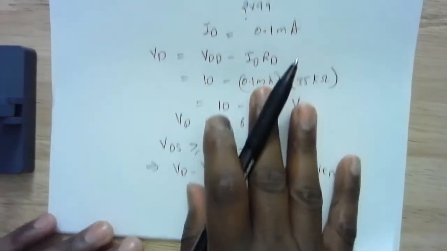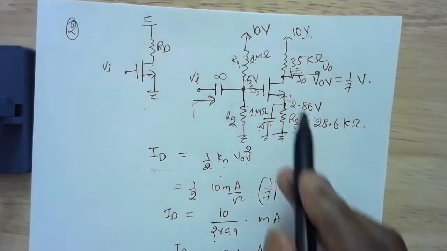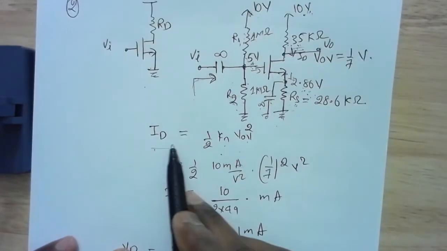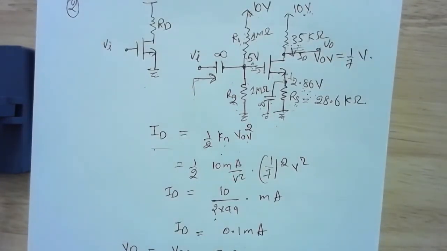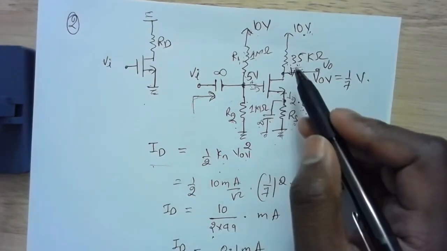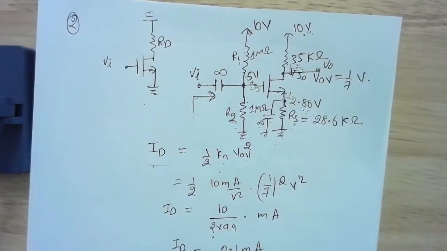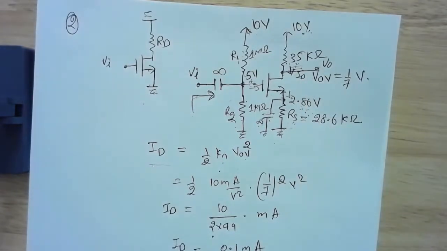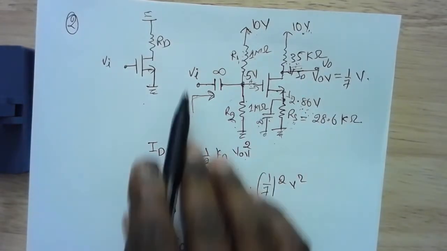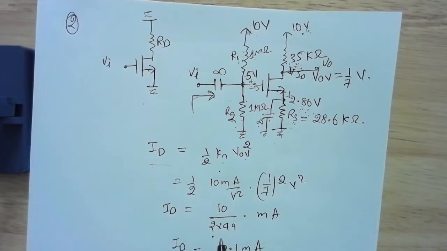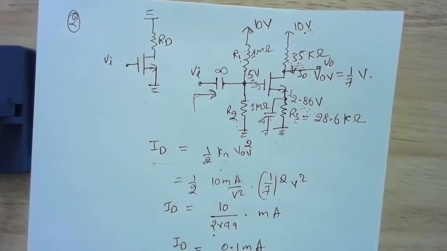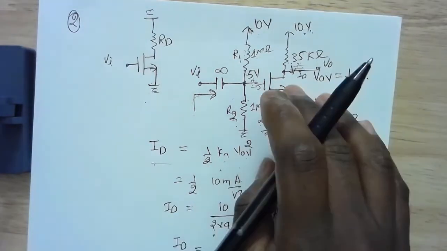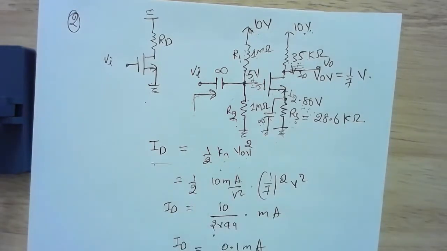That means my MOSFET is in saturation, so this equation is correct and everything checks out. To summarize, I calculated the values of all resistances except this one, but at least in the circuit I know the values of all the resistances, and I know the gain to be 50. That completes the design, and I know that the MOSFET is in saturation.